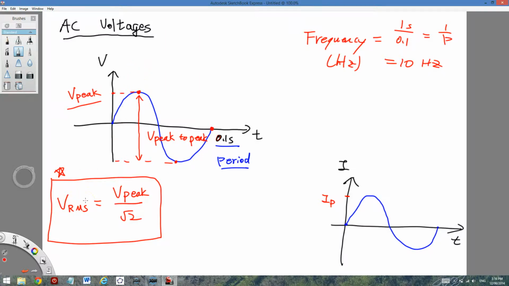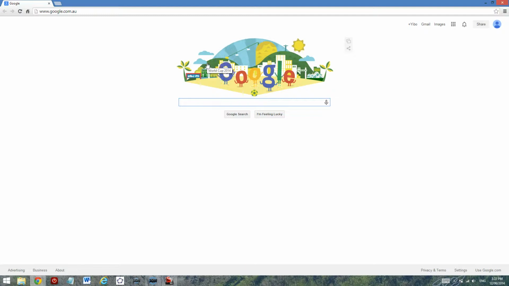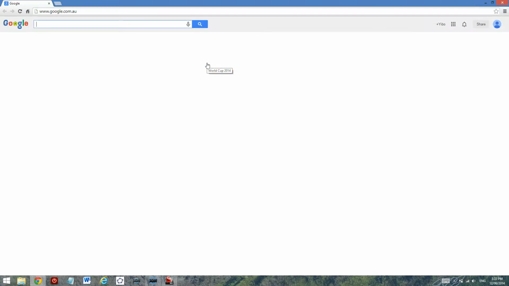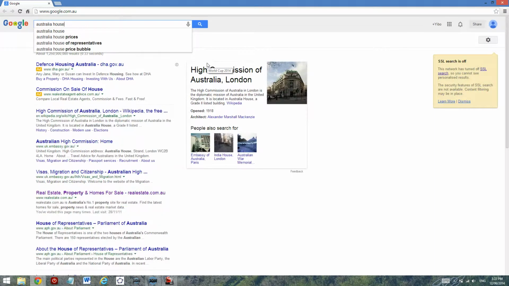Now let me show you an example. Let me go to Google first. All the electricity from the power socket at your house is supplied as AC current or AC voltage. Let's find out the voltage of our electricity.